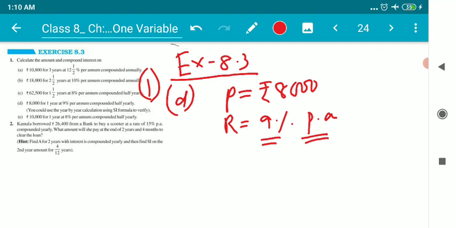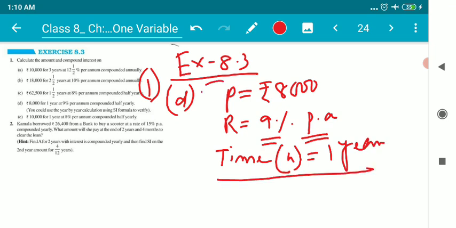All right, and in the question, time, which we denote by n, is 1 year. So these are the elements I need to calculate the compound interest.